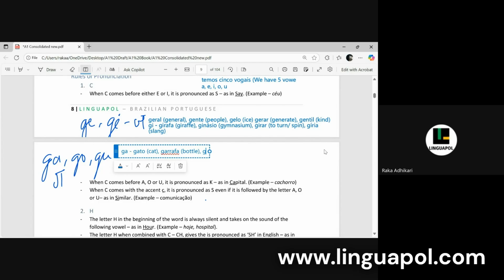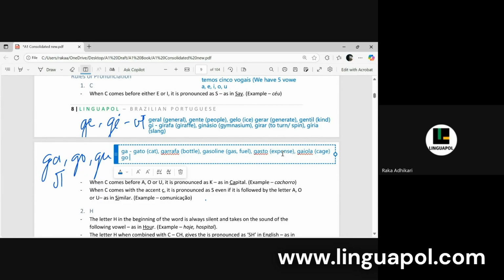Common words. Gasolina. That is gas or fuel. When you go to whatever country you're targeting, you might have to use this word. Then gasto, very commonly used word. Gasto means expense, your expenditure. Let's say gaiola. Gaiola means a cage.